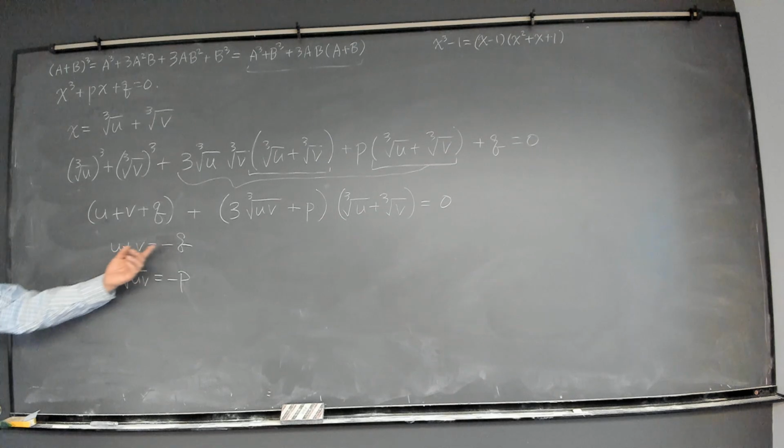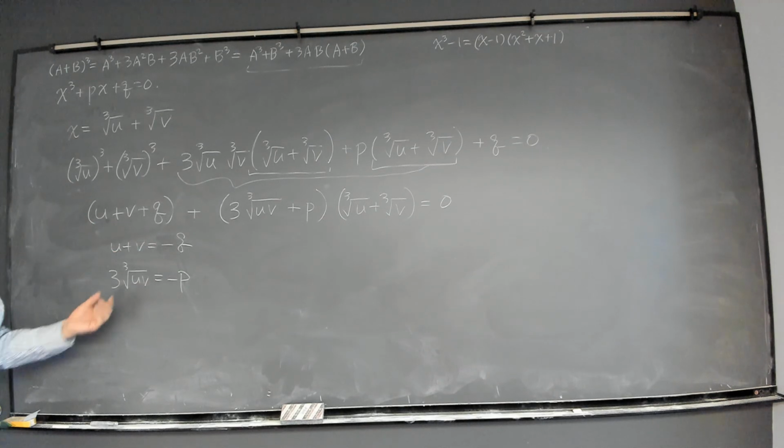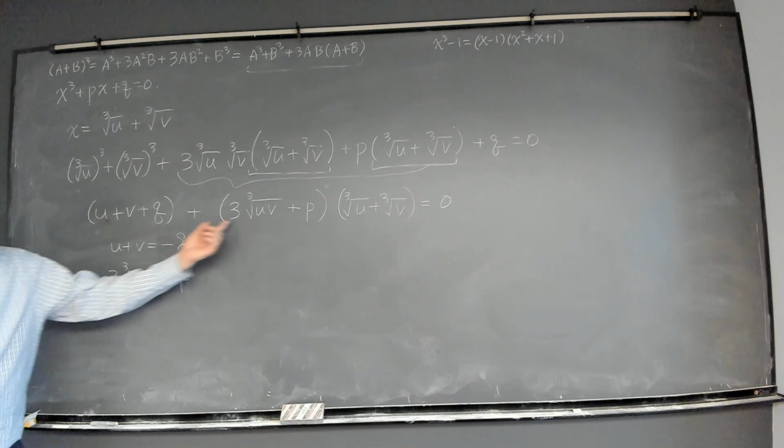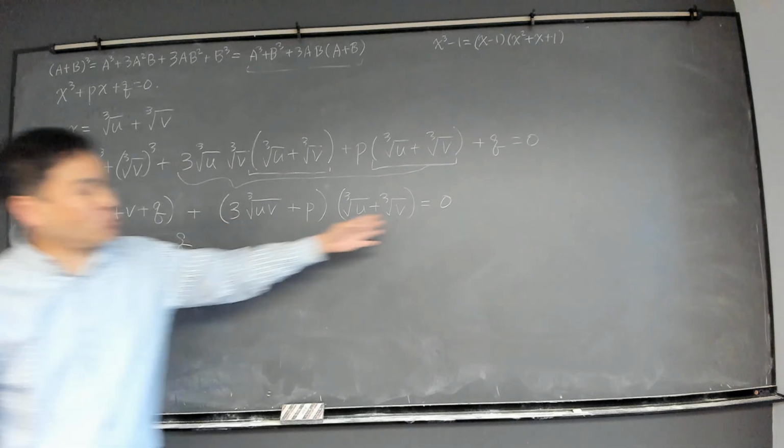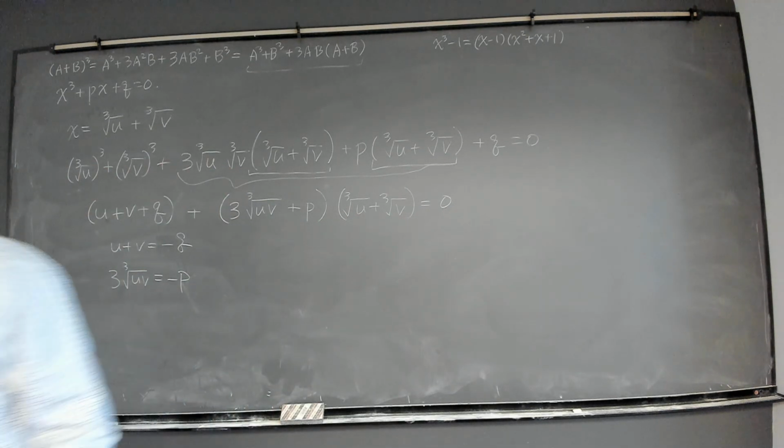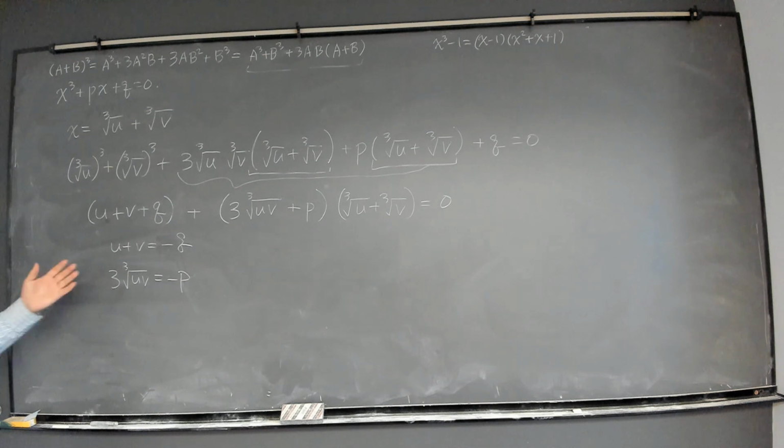If u plus v is negative q, then this will be 0. If 3 times cube root of uv is negative p, then this will be 0, so that this equation will be satisfied. Now the question is, can we make that happen?